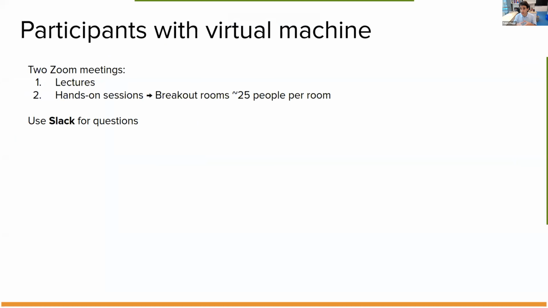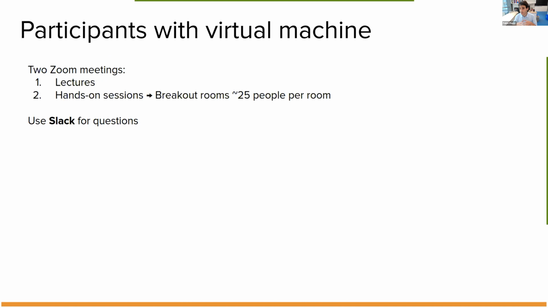This one is a Zoom webinar for the lectures, and we will have a different Zoom meeting for the hands-on sessions. If you received a virtual machine, then you also will have received the email with the link for that Zoom meeting. The idea there is we will have around 100 people, and we will do breakout rooms with 25 people per room.